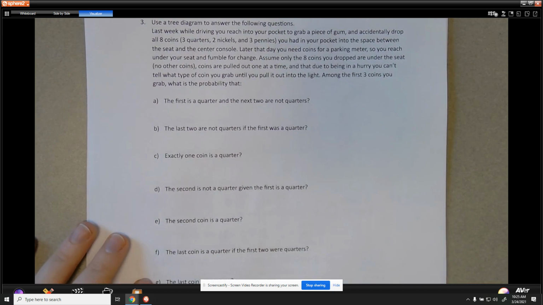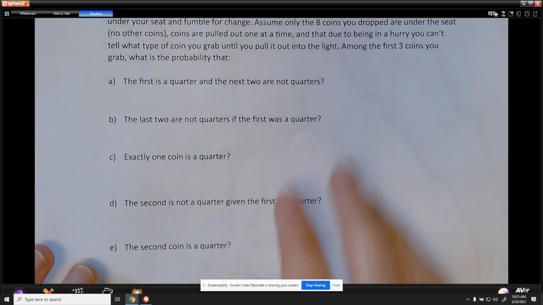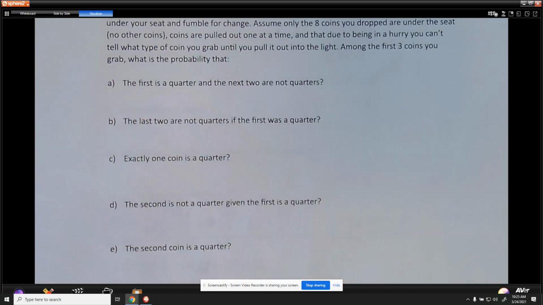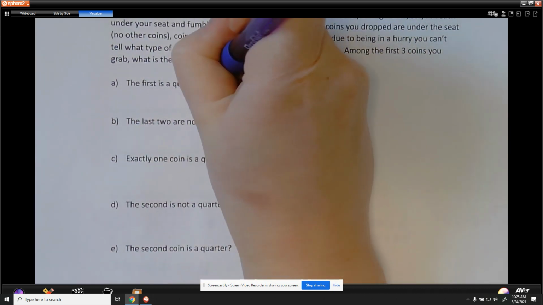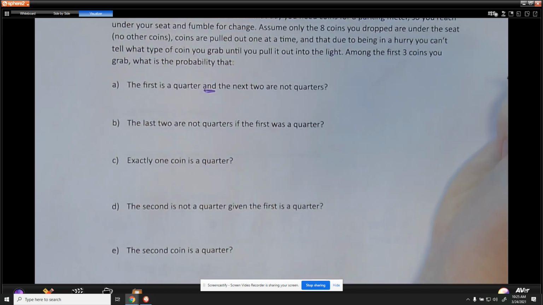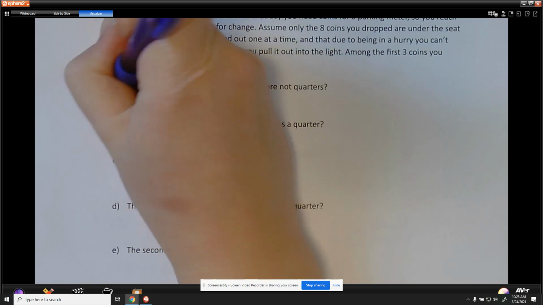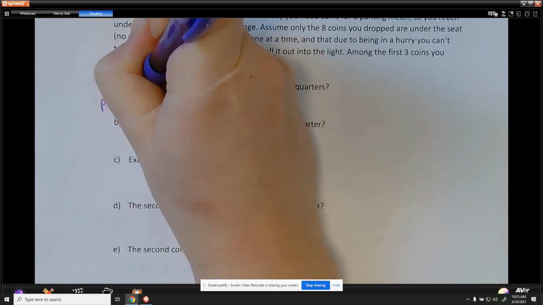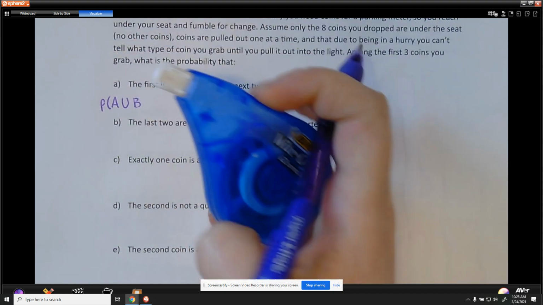All right, A and B are related. This A says the probability that the first is a quarter and the next 2 are not quarters. So if it says and, we want the probability of event A and event B. Oh, and, sorry, that's 4.